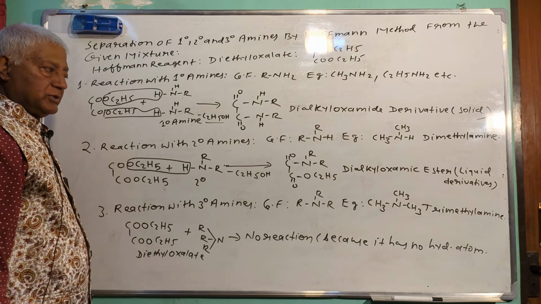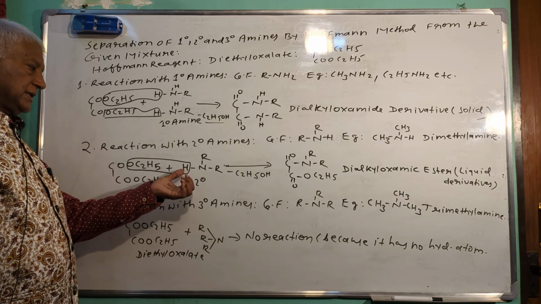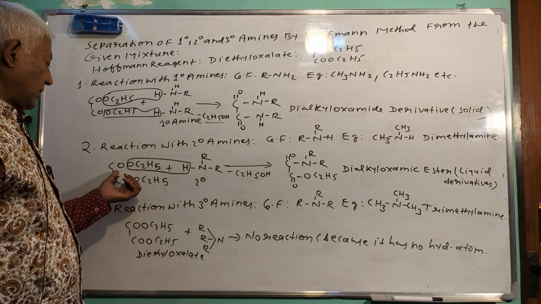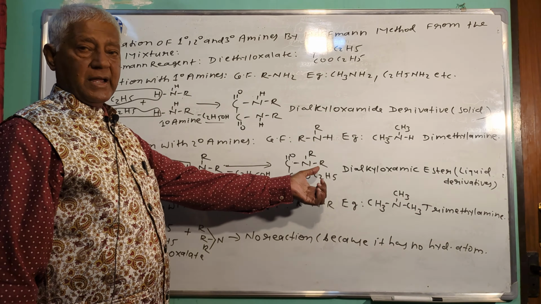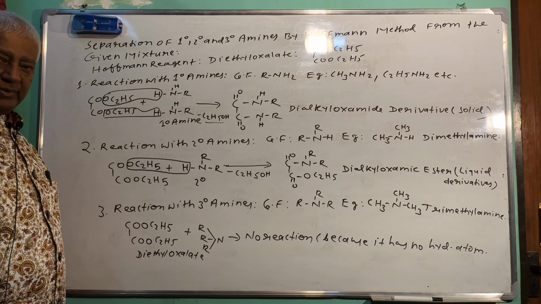We get 1 molecule of ethyl alcohol, and the rest is CONR2, with the ester group COOC2H5 remaining. If you practice by writing, you will never have a problem.